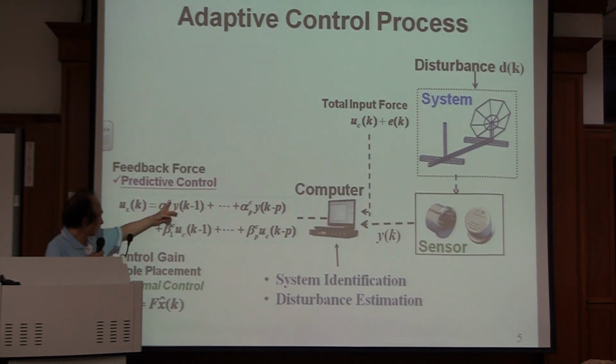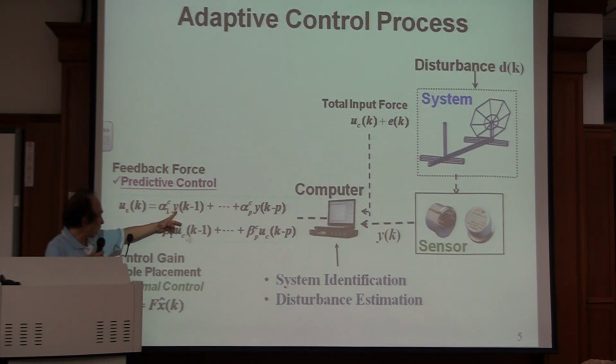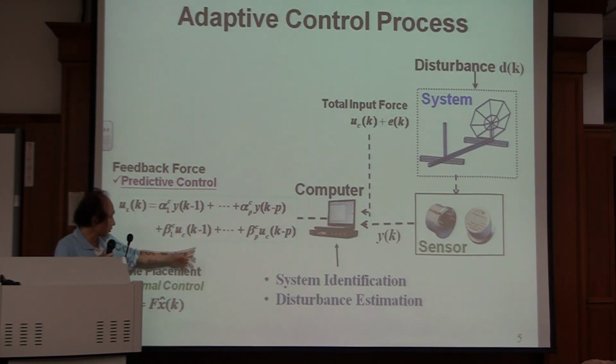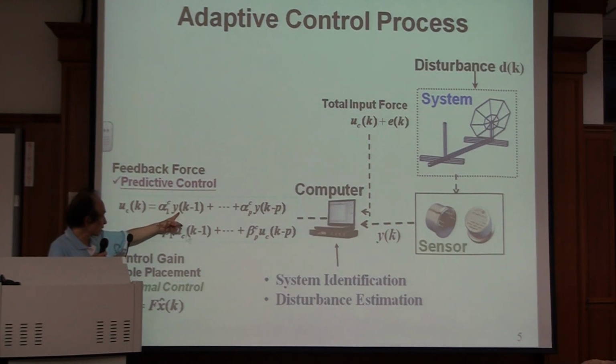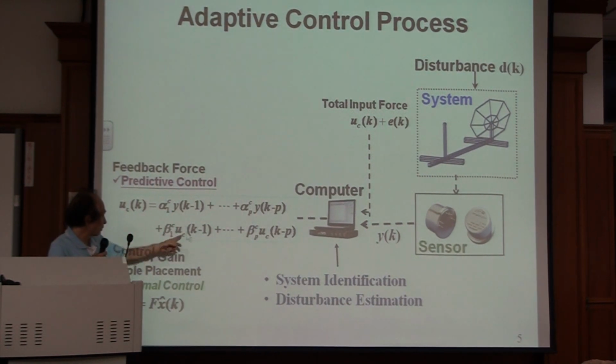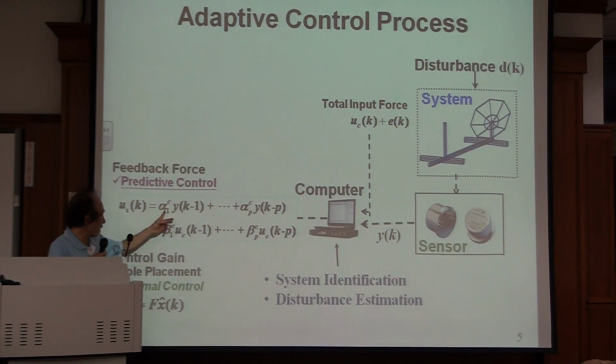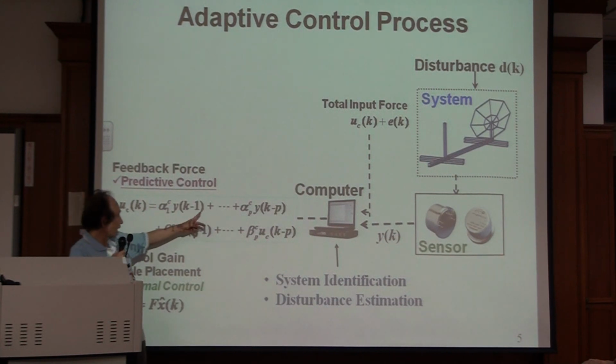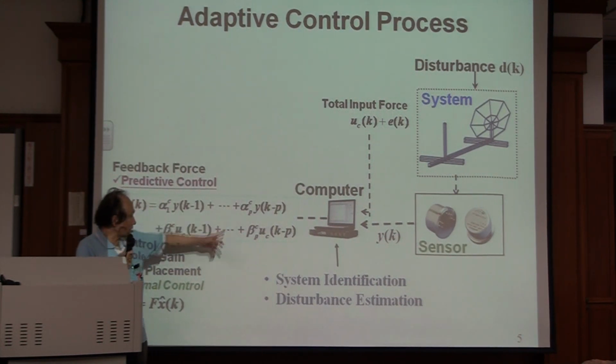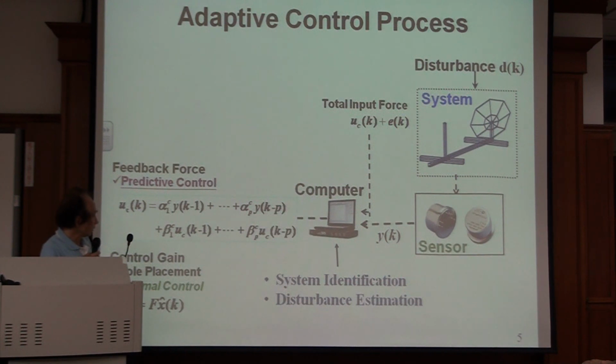So alpha 1c times y(k minus 1), beta 1c times u_c(k minus 1), the past one step output and past one step input, and then we have up to alpha p super c times y(k minus p).